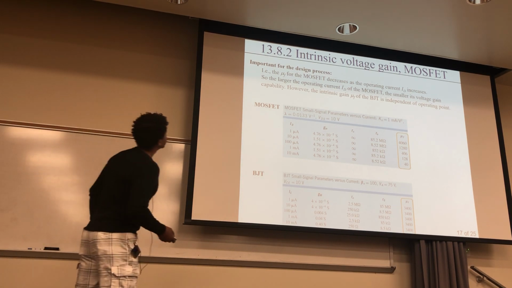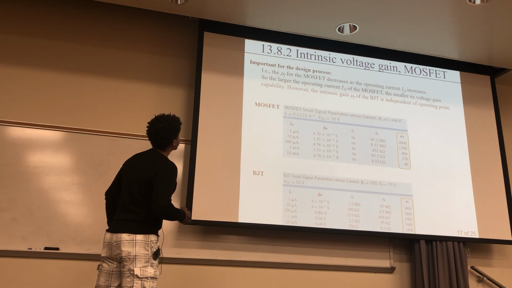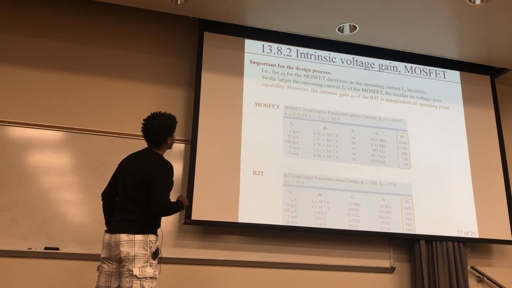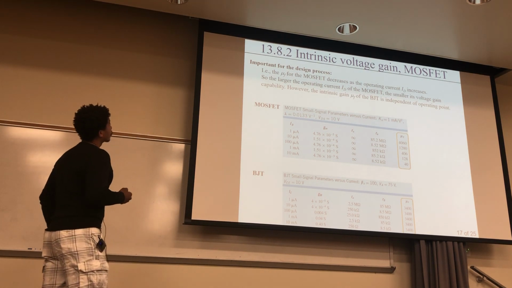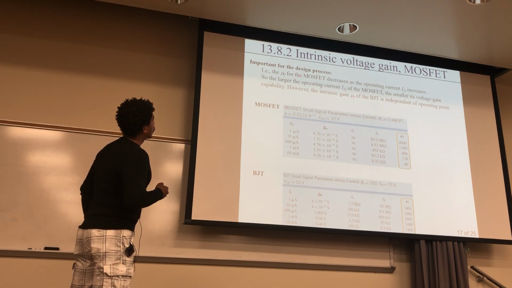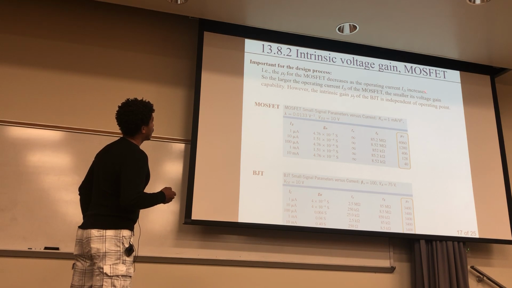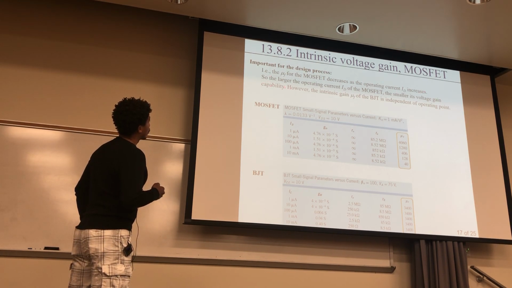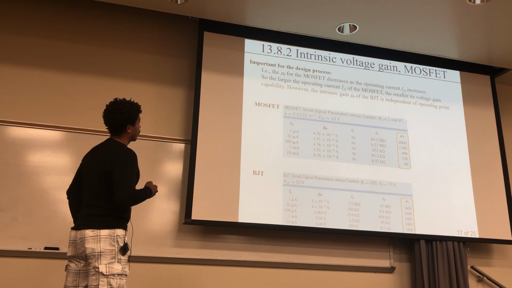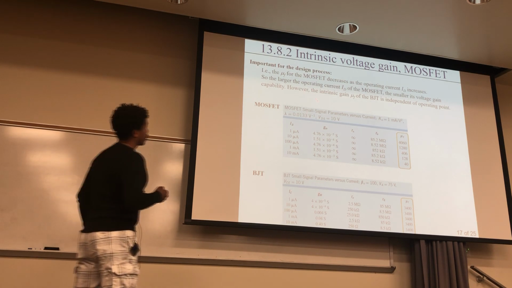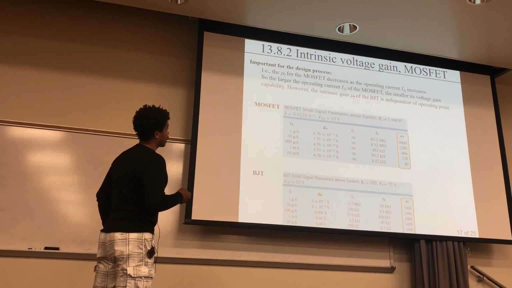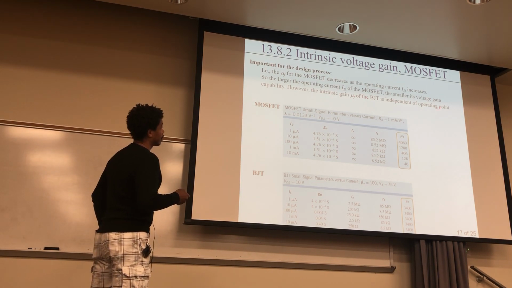So it says here for the intrinsic voltage gain for the MOSFET, mu f decreases as the operating current ID increases. So the larger the operating current ID for the MOSFET, the smaller the voltage gain capability, which is kind of interesting. However, the intrinsic gain for the BJT is independent of the operating point.